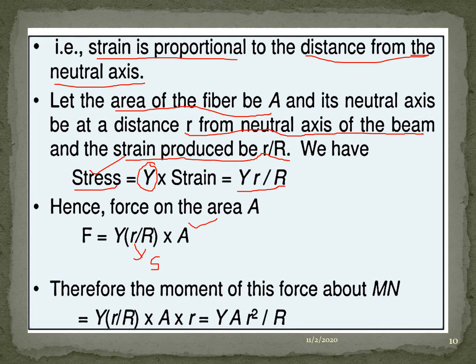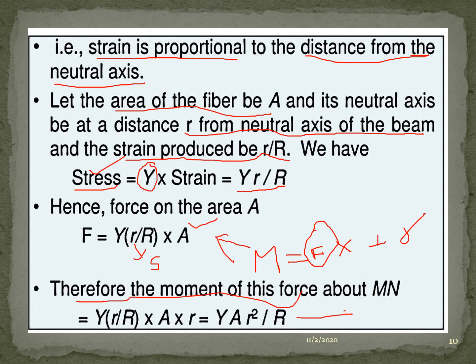I will write moment of force is equal to the force into perpendicular distance. What is the perpendicular distance here? We already mentioned it is r. What is the force? We have got the expression now. So, on substitution, you get back the expression like this. That is, moment of force is equal to Y A into r squared by capital R.